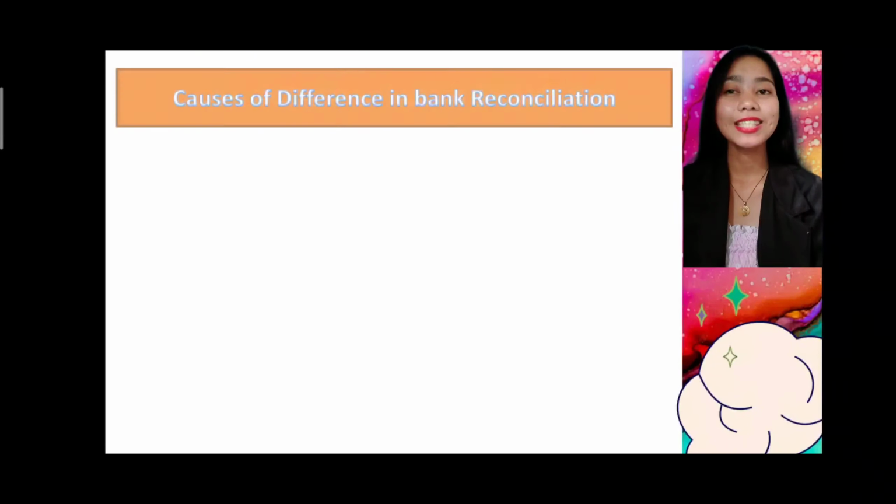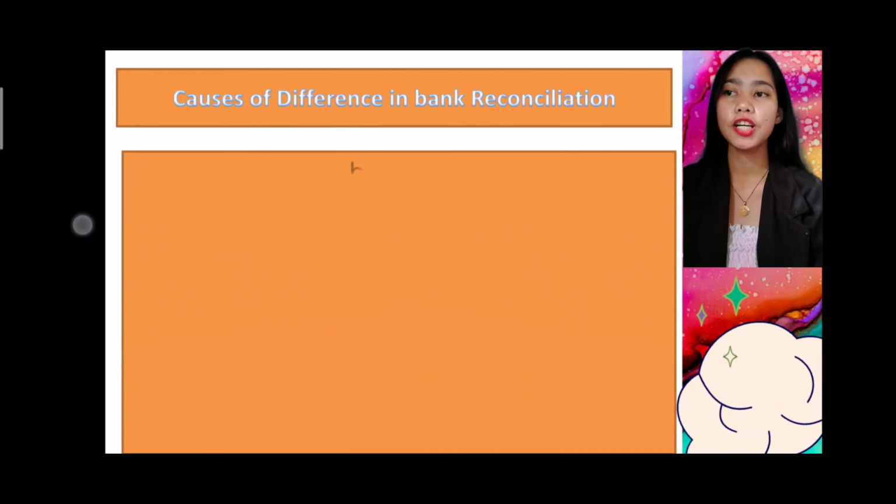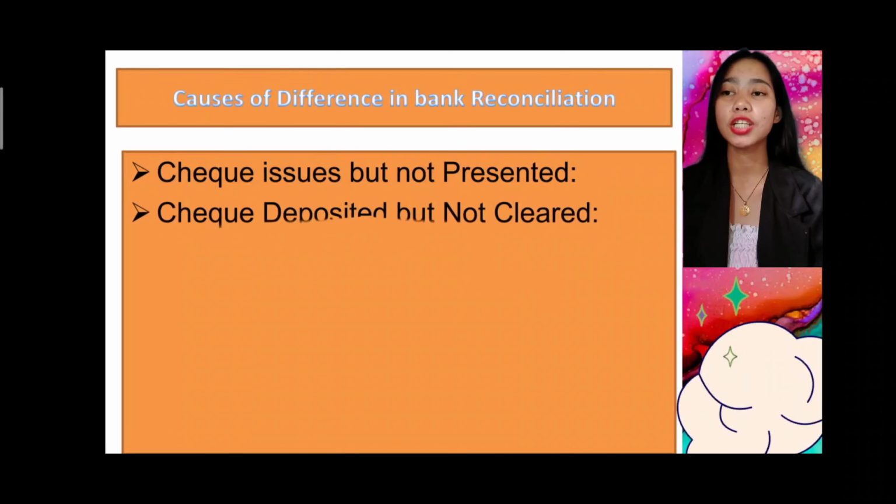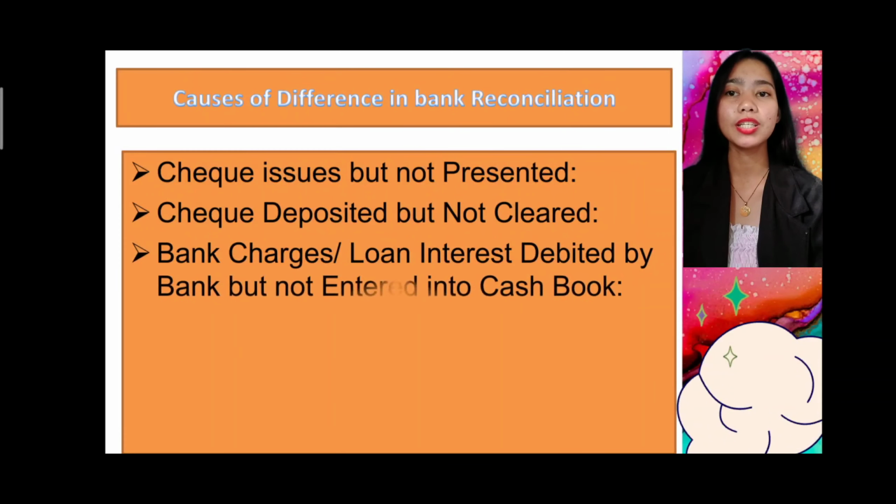So the next is causes of difference in bank reconciliation. First is checks issued but not presented. This should be added into the books of account bank balance. The second one is checks deposited but not cleared. This should be deducted from the books of account bank balance. The third one is bank charges or loan interest debited by the bank but not entered into the cash book.